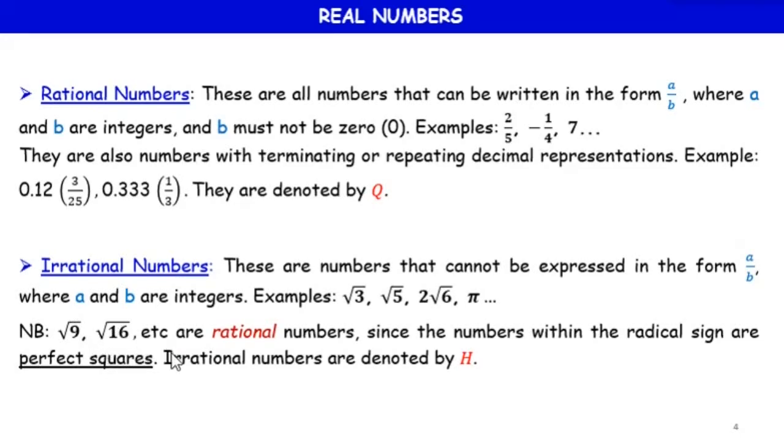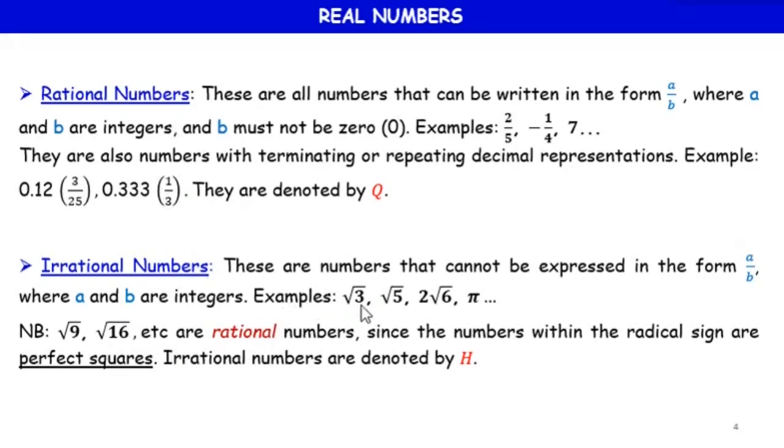Root of 16 is going to give you 4. So root 9 is not an irrational number. It is a rational number because the result is 3, and 3 is a rational number. Root 16 is going to give you 4, and 4 is a rational number.